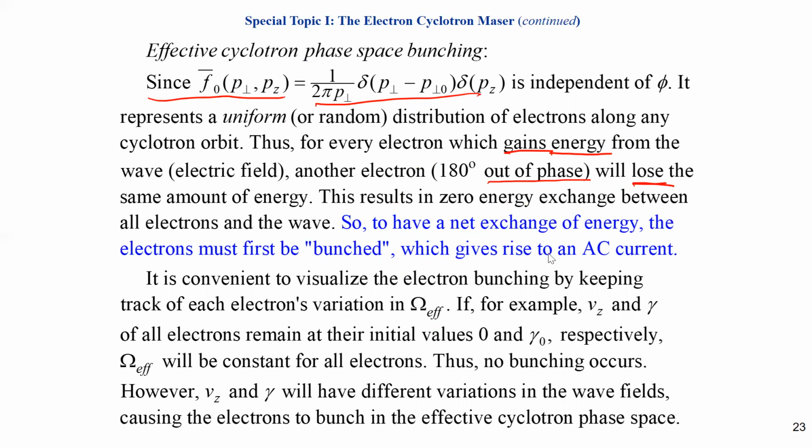So to have a net exchange of energy, 这边就是大家认为50%会 gain energy，另外50%会 lose energy，那就没完没了啦。So to have a net exchange of energy, 如果要从电子的动能取得能量的话，the electron must first be bunched, which gives rise to an AC current.